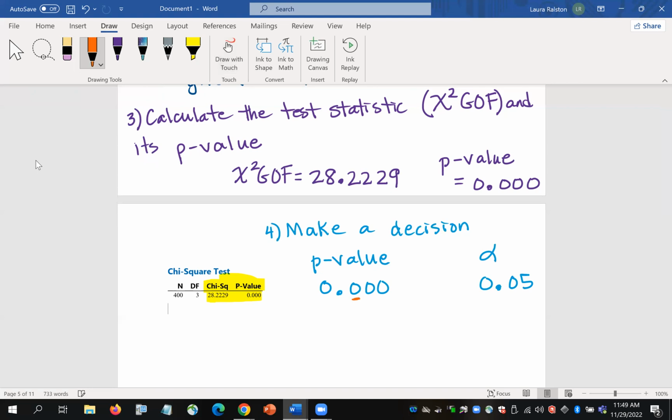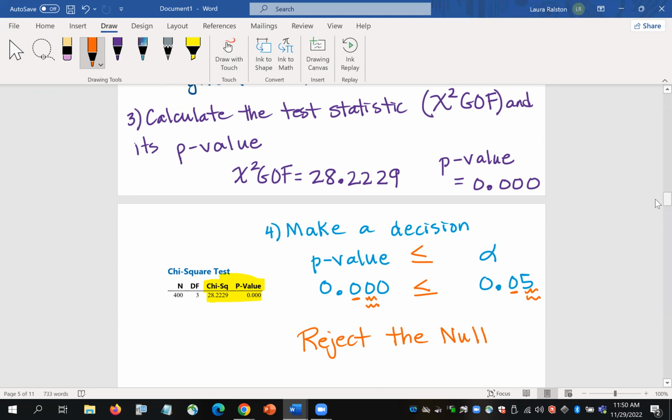So 0 compared to 0, 0 compared to 5, 0 is less than 5, so the p-value is less than or equal to the level of significance. When the p-value is less than or equal to the level of significance, we reject the null.